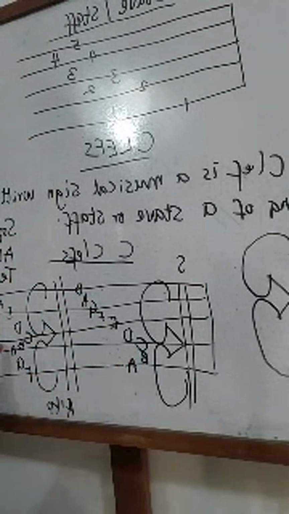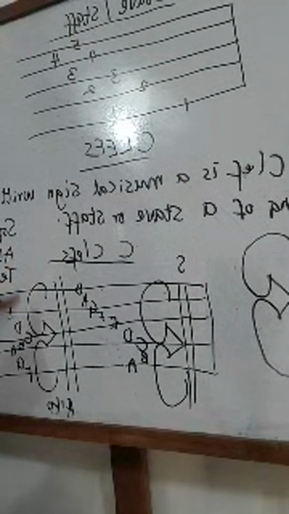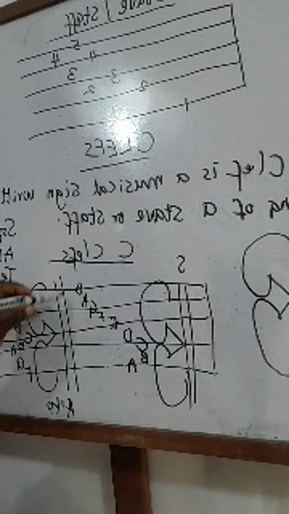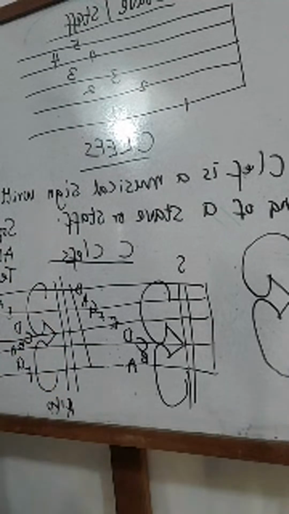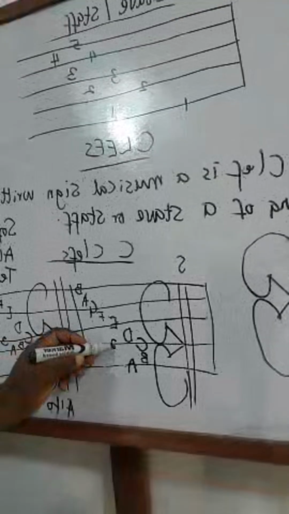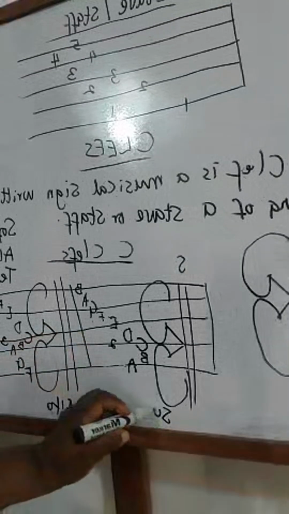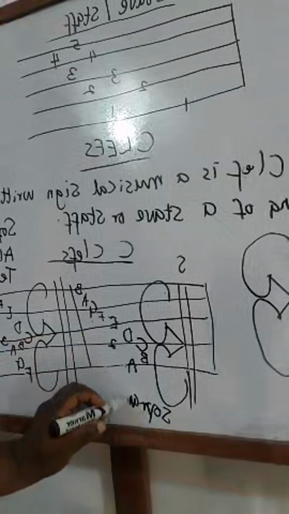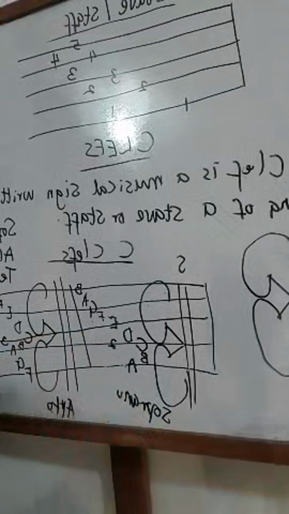If the C is on the third line, this is the alto C clef. And if the C is on the fourth line, the tenor C clef. The soprano, alto, and tenor C clefs. I think we're done with the C clef saga.